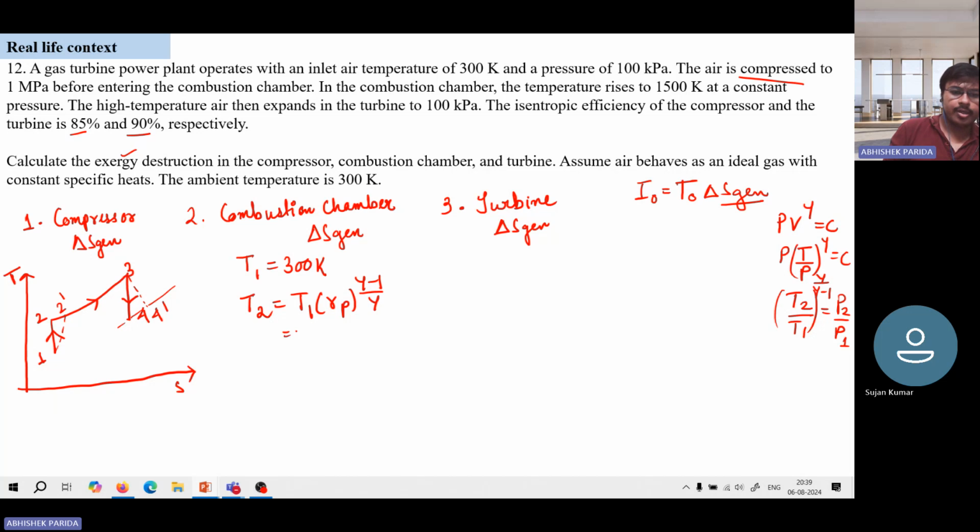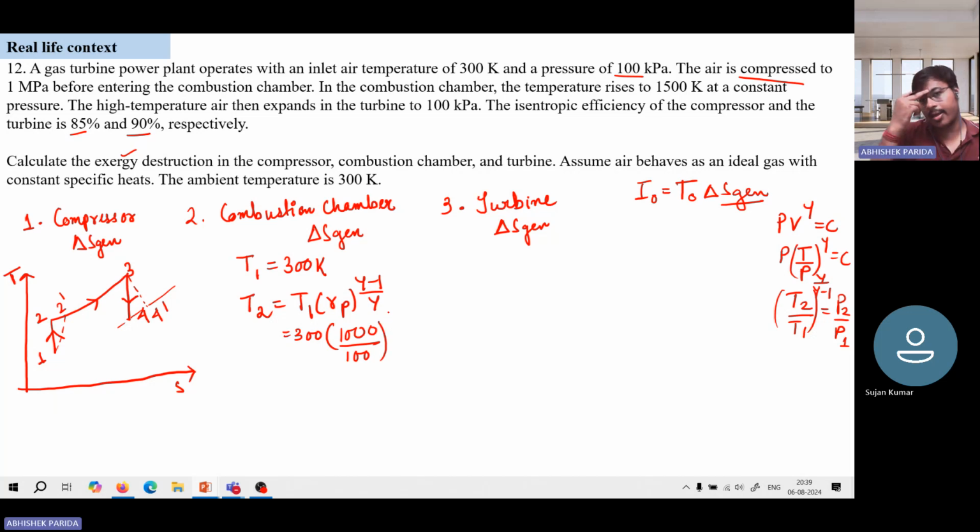So T1 is 300 Kelvin. And what is the pressure? From 100 kilopascal to 1 megapascal. 1 megapascal is 1000 kilopascal, so 1000 by 100, to the power gamma minus 1 by gamma.